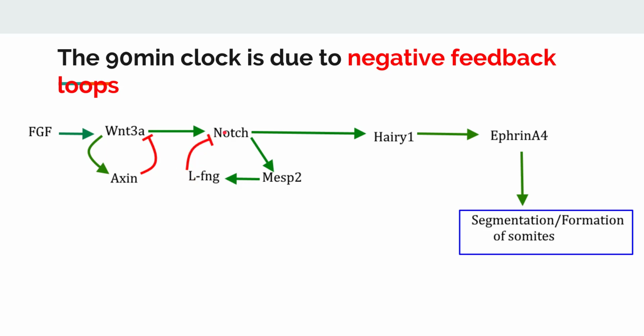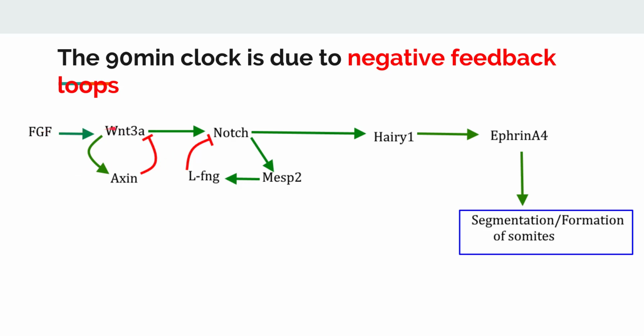So Notch is getting inhibited, but Notch has already activated Hairy1. Before it gets inhibited, it's already activated Hairy1, and then this negative feedback loop comes around and turns it off again.